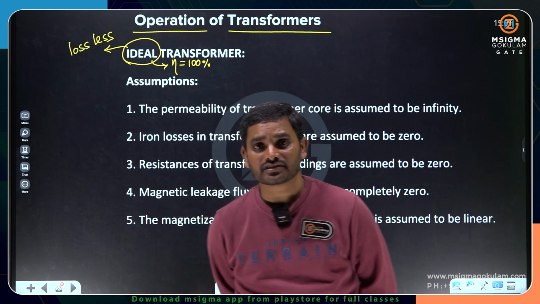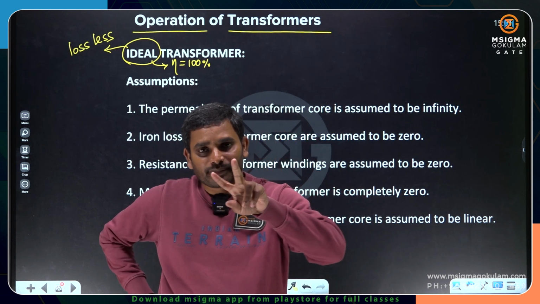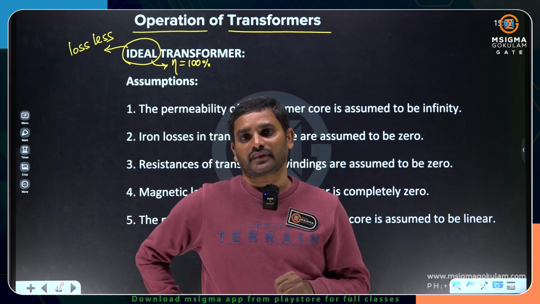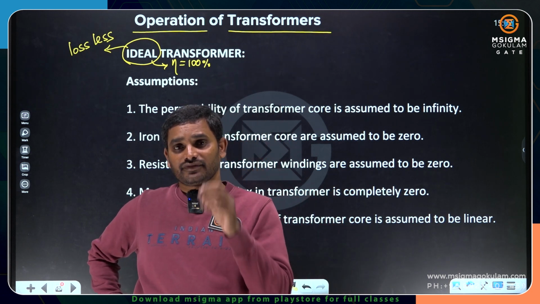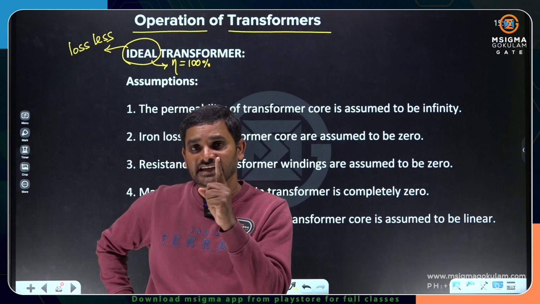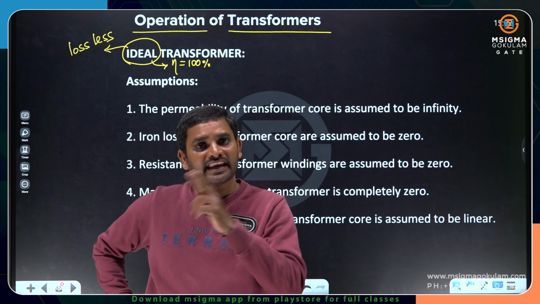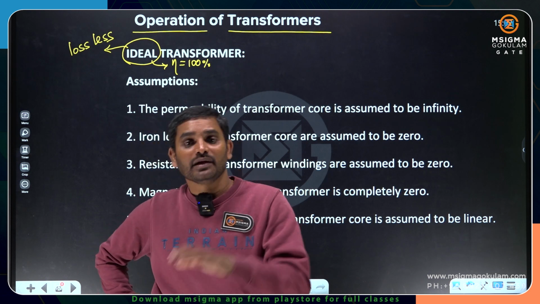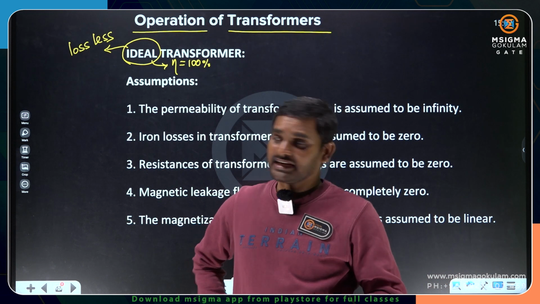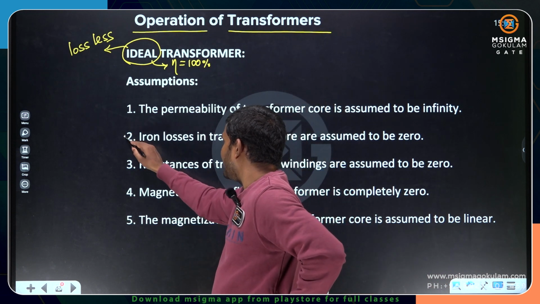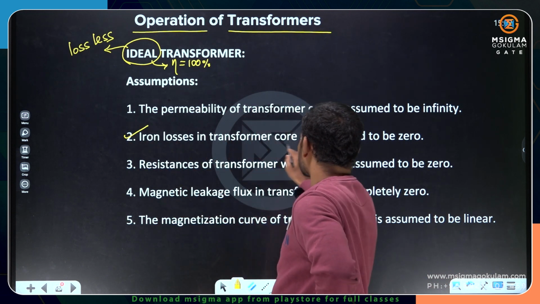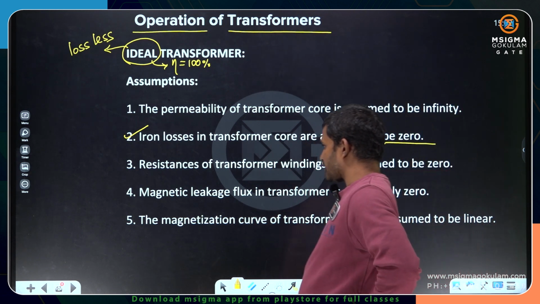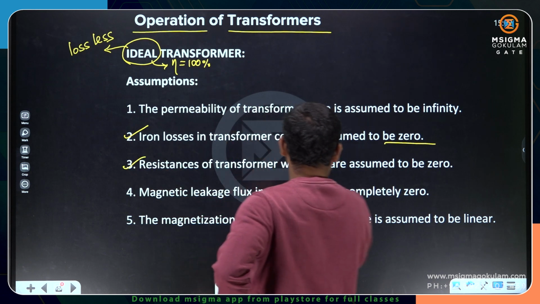How do you get zero losses? There are two major parts. One is the magnetic path, another one is the winding. If you are expecting zero losses, it means in the magnetic path no losses should be there, and in the winding also no losses should be there. Winding losses should be completely zero, and magnetic path loss also should be completely zero. That is what he has given. Magnetic path loss means iron losses in the transformer core are assumed to be zero. Winding losses zero means resistance of the winding should be completely zero.